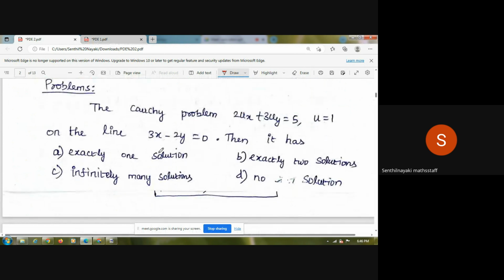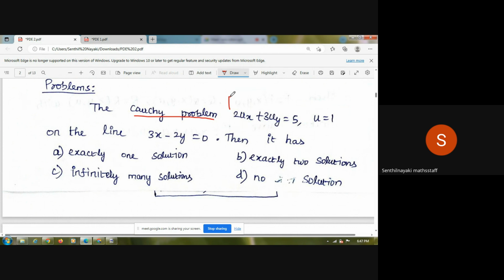In the first example you can understand a little bit because this is a simple problem. In the question itself they have given that this is a Cauchy problem. Sometimes they may or may not state it, but most of the time they mention it is a Cauchy problem. So the Cauchy problem 2ux plus 3uy equal to 5.